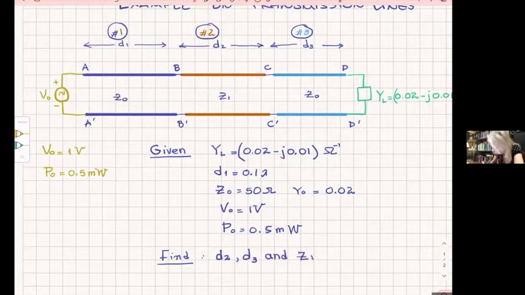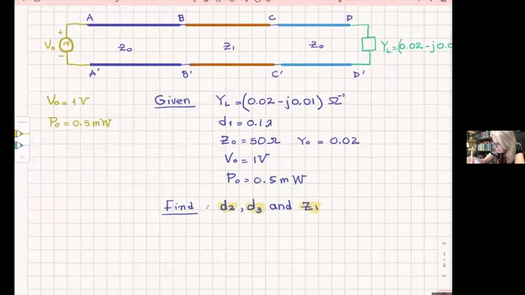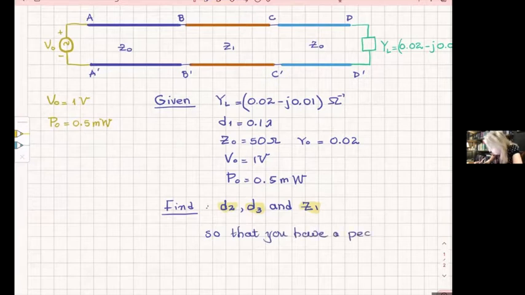All right. So again, D2, D3, and Z1, so that you have a perfect match at the source.